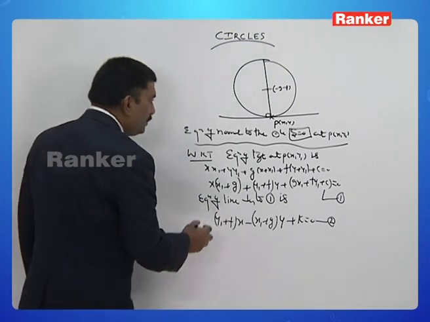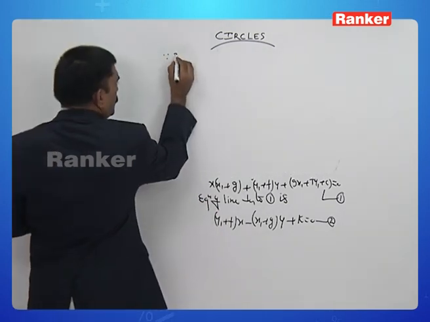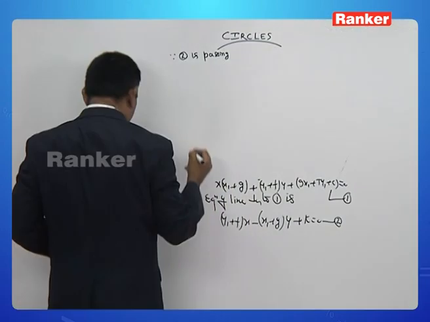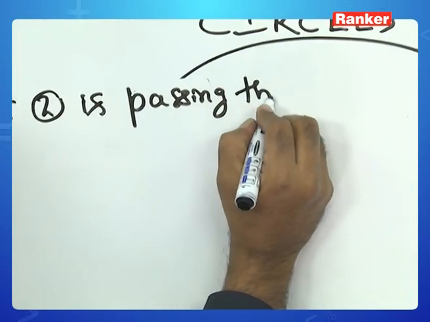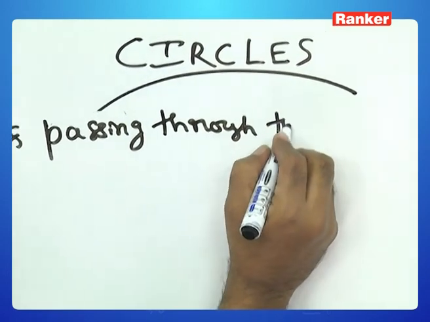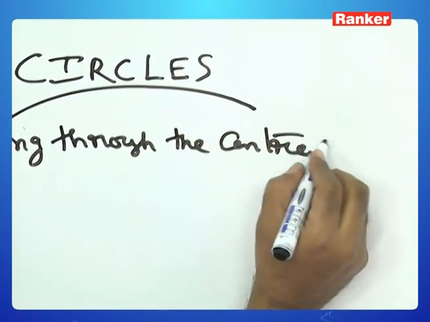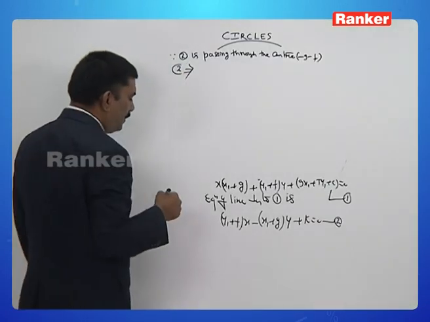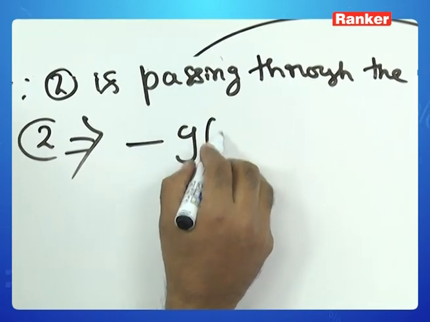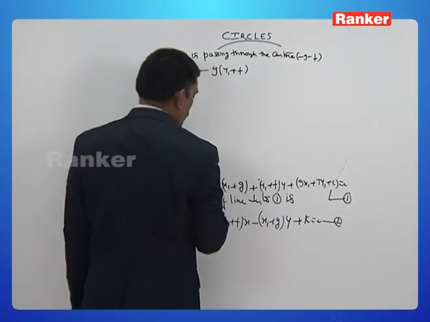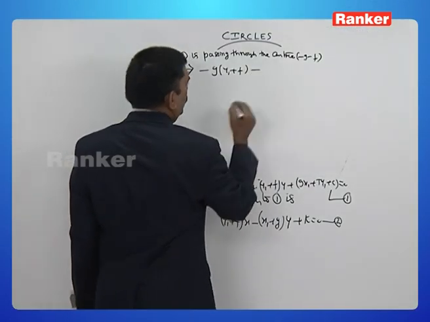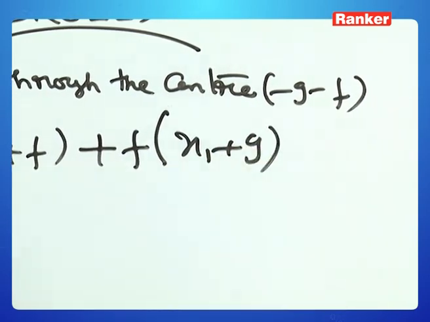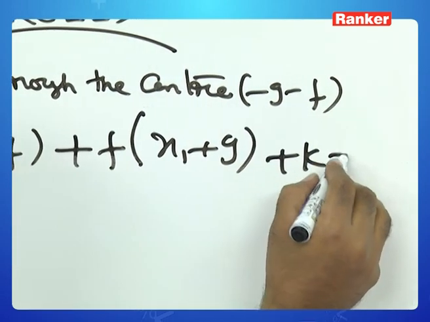So now, since 2 is passing through the center, minus g comma minus f, therefore 2 implies minus g into y1 plus f, next minus f into x1 plus g, plus k is equal to 0.